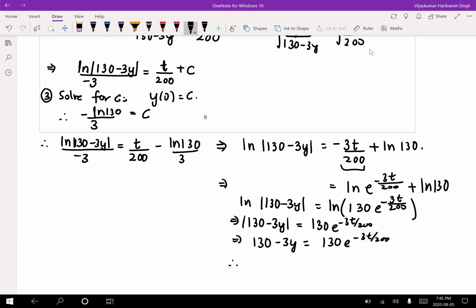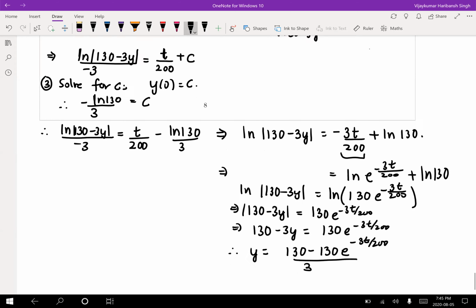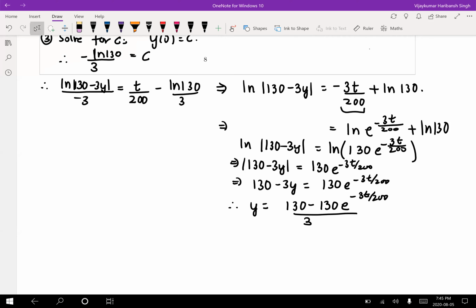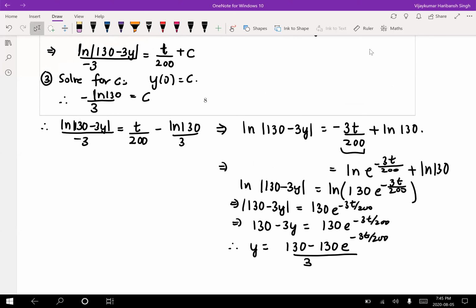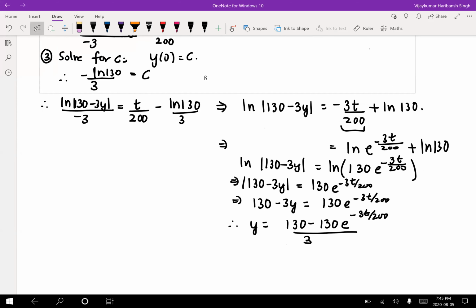Therefore we get y, let's bring this on the other side, equals 130 minus 130 e to the power minus 3t by 200, divided by 3. So this is the solution. We could have not gone through all this simplification and tried to do this directly. So this is your solution.